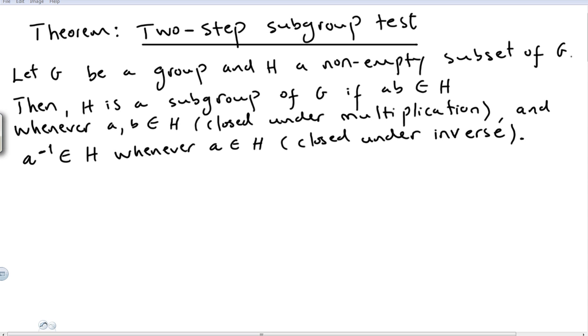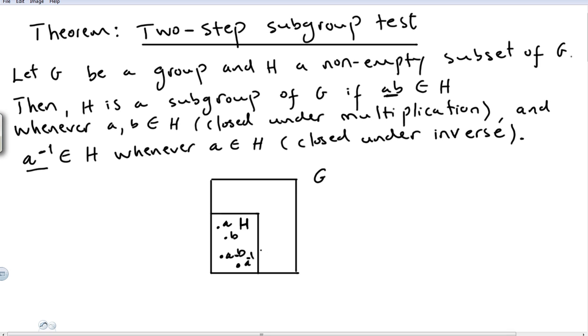Let G be a group and H a non-empty subset of G. Then H is a subgroup of G if AB is in H whenever A and B are in H, so it is closed under multiplication, and the inverse of A is in H whenever A is in H, closed under inverse.